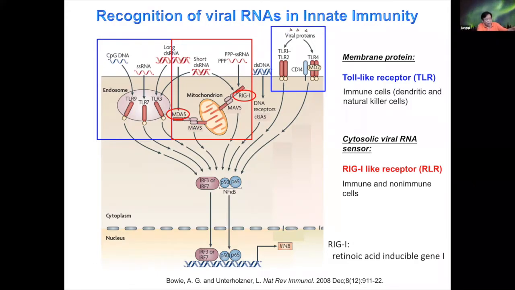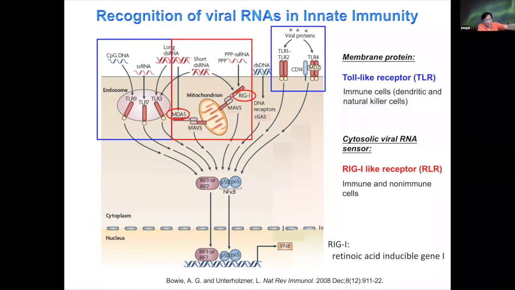This signature can be detected either on the cell surface by toll-like receptors or in the endosomes, or intracellularly if the virus is inside the cell and its genome is being replicated.